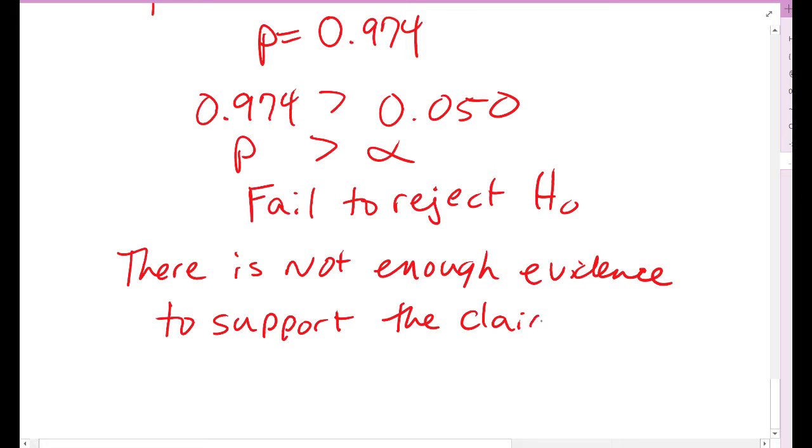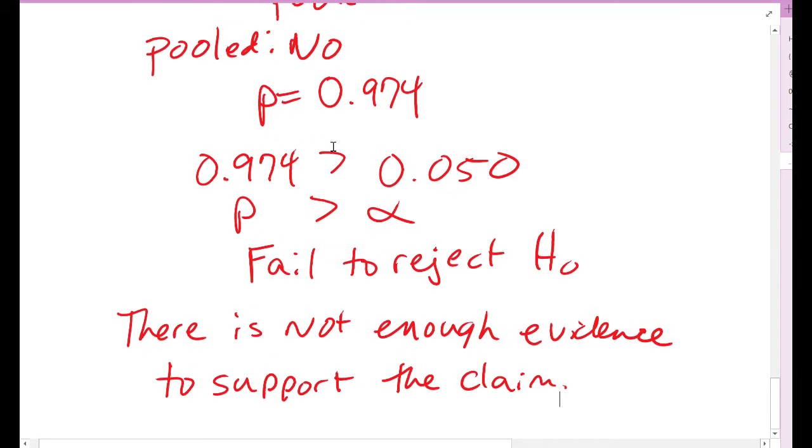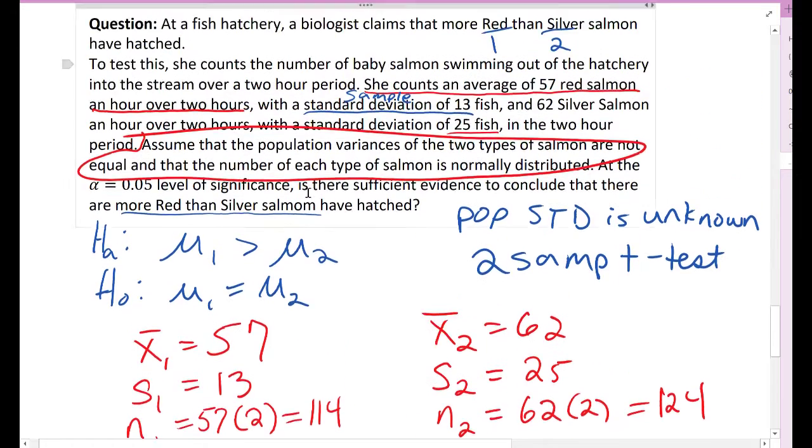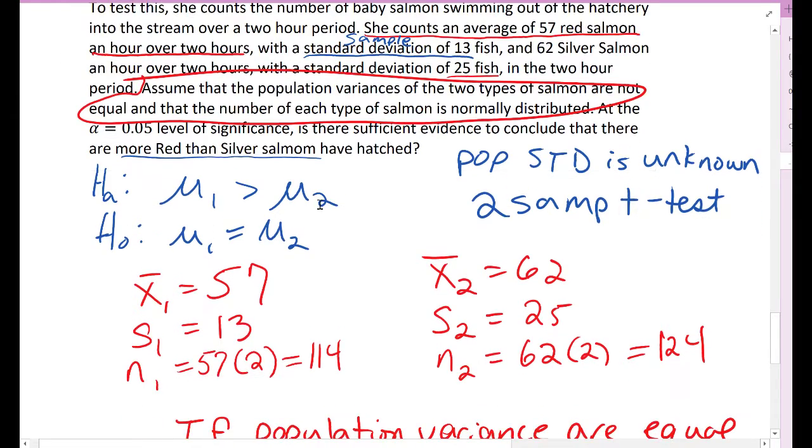So no, we don't have enough evidence to say that there are more red salmon in this river than the silver salmon.